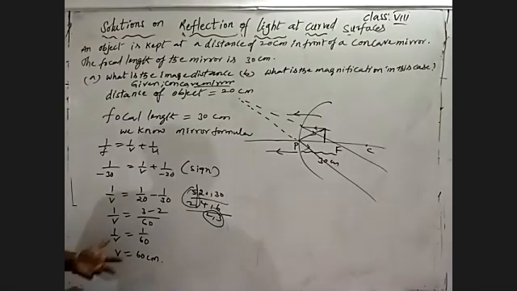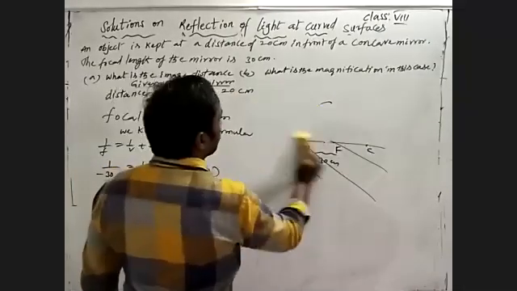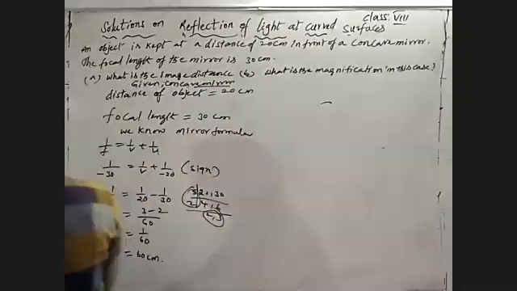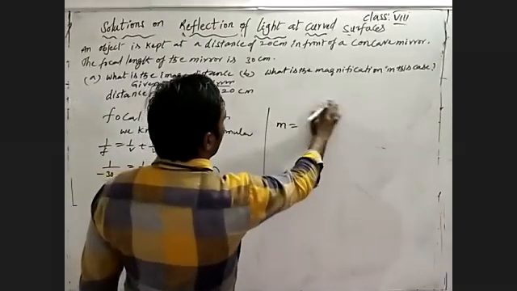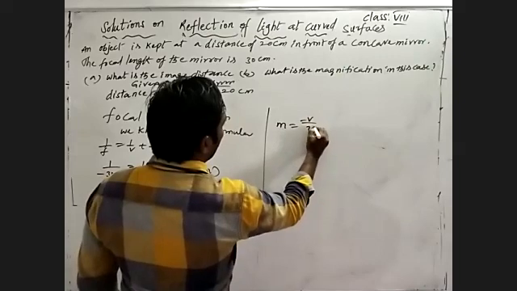And also erect, virtual, highly magnified. Understand? Coming to that, then we'll find the magnification. Magnification is equal to minus v by u.